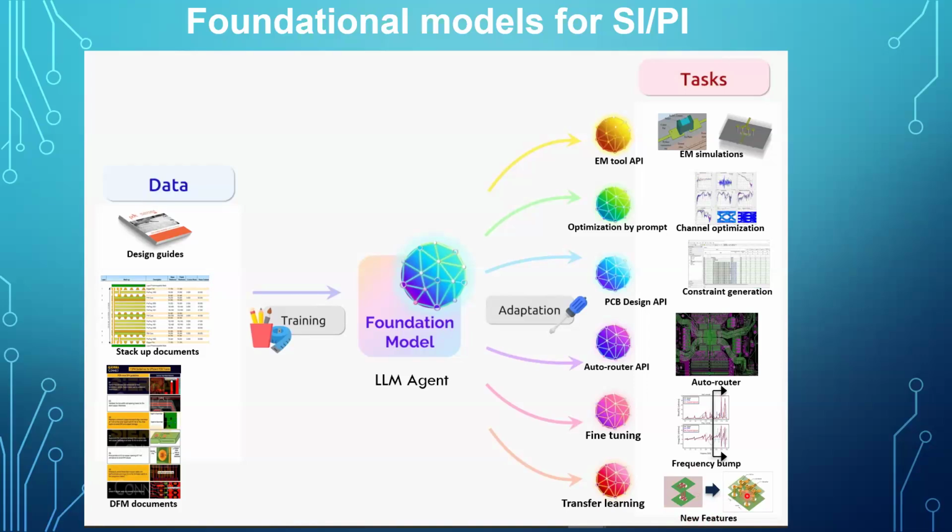Again, this is something that we think large language models and generative AI can really help us in the SIPI community with, to start building this kind of foundational model where we can future-proof ourselves, and also automate a lot of things through the LLM and the LLM agent itself, right? Imagine in the future, right now a typical Intel design spec is about 1,000 pages.